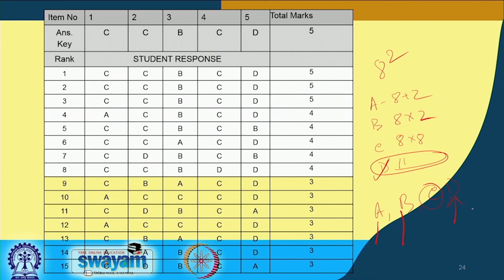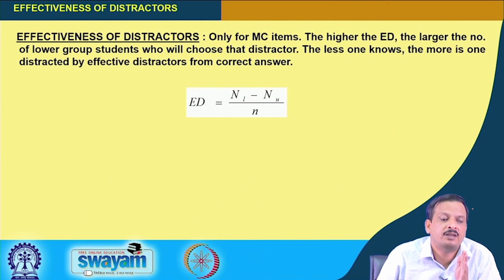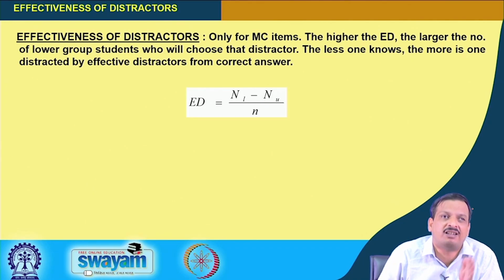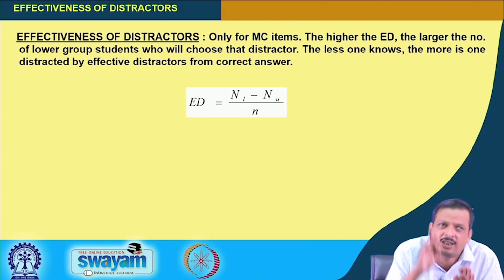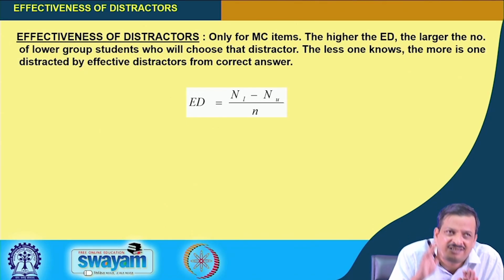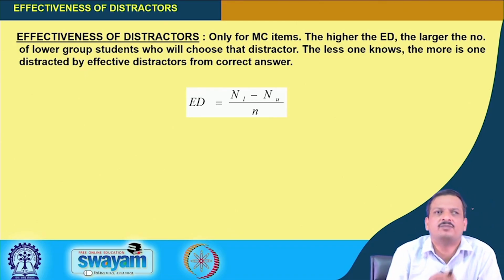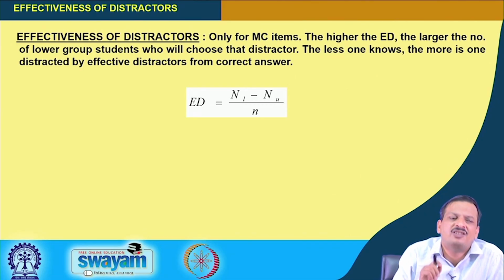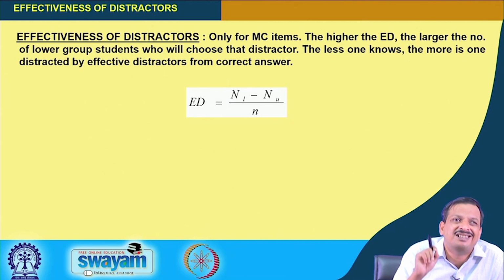They are called distractors. Distractors will distract the students. That means if a student has a misconception, he will be distracted to choose option A, B or D. A, B and D are called possible distractors.